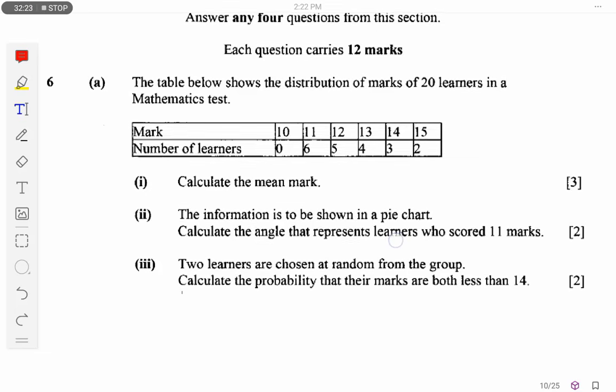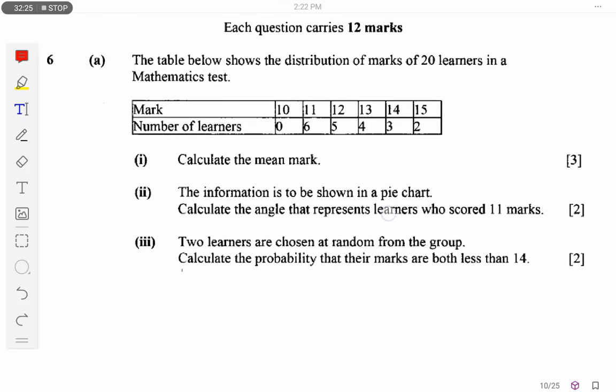The first question is saying we've got a table that has got this distribution of 20 learners for a mathematics test. Calculate the mean mark for these students. So for us to get the mean mark, what we do will be say for 20 we multiply by the number of students there. Then we do the same for the next one. Okay, so let's do that.